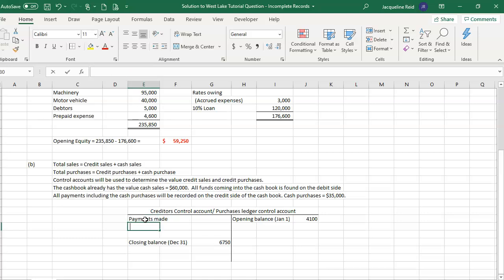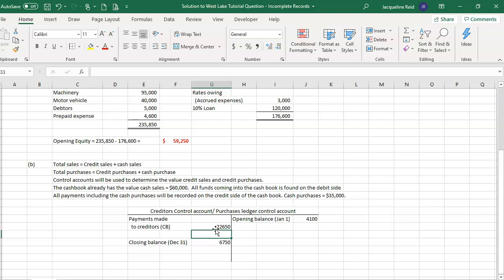And you'll see that $22,650 was paid out during the year to creditors.